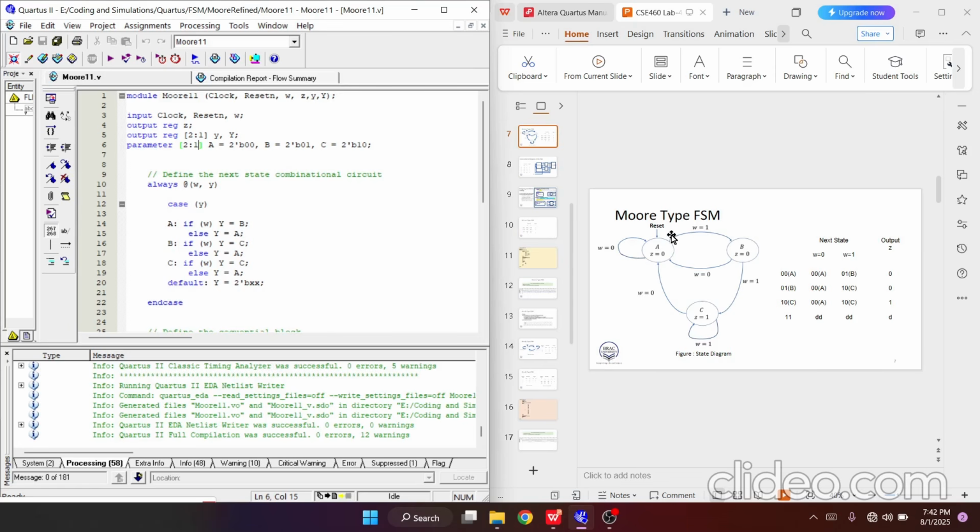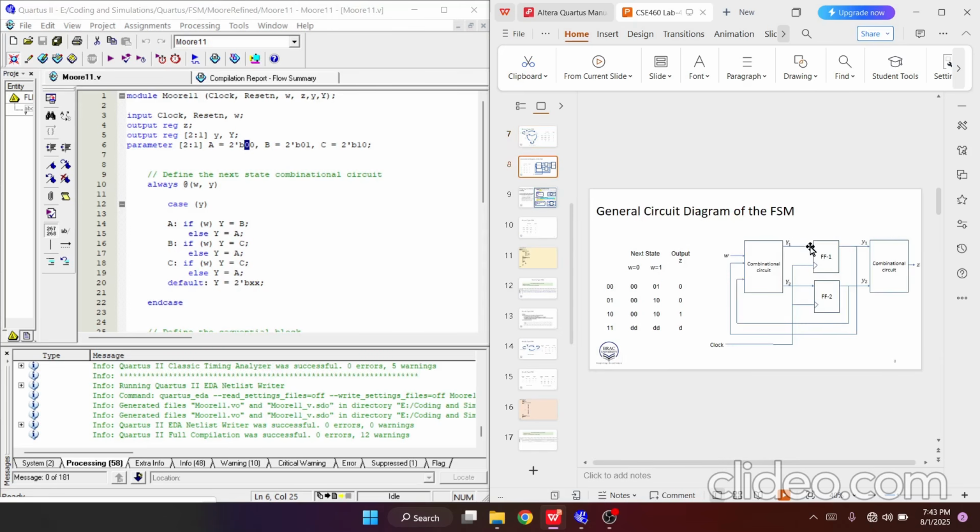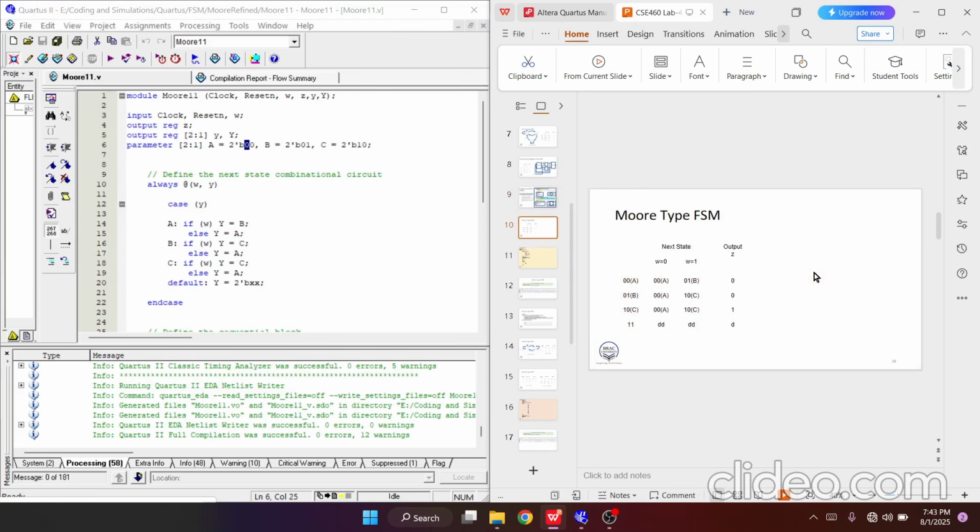We need 3 states, A, B, C, and I am assigning 0, 0 for A, 0, 1 for B, and 1, 0 for C. You can see that what we had done in our class before in the theory part, in the case of the state assigned table, this is the state assigned table.